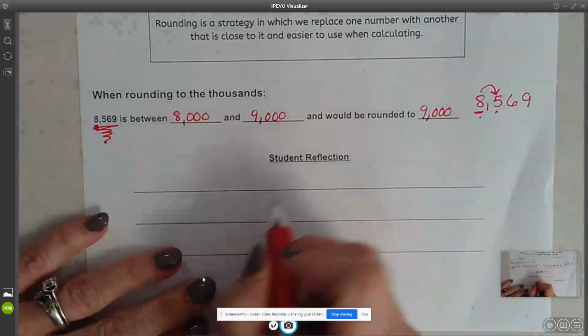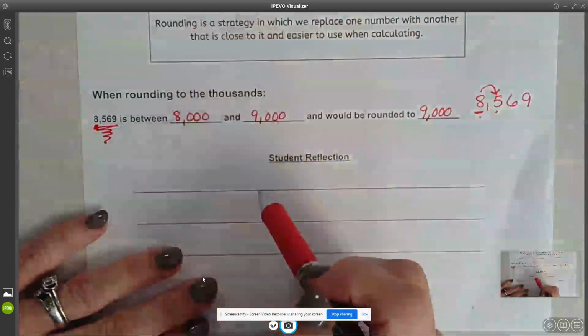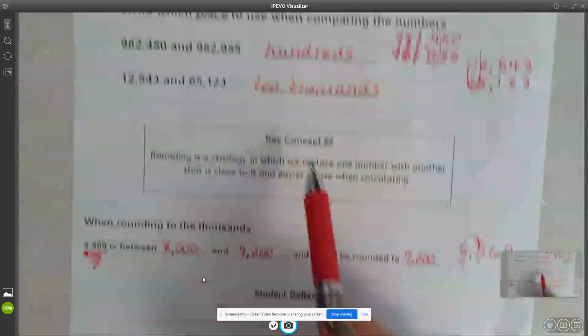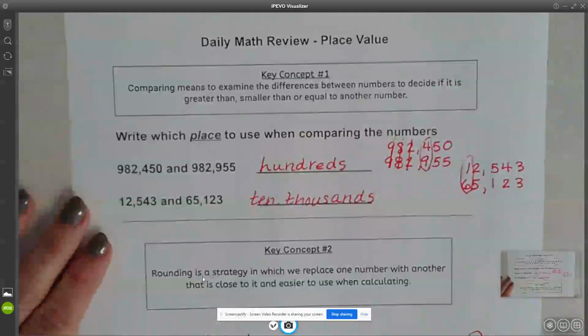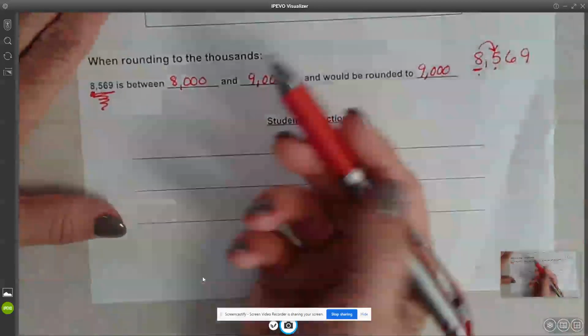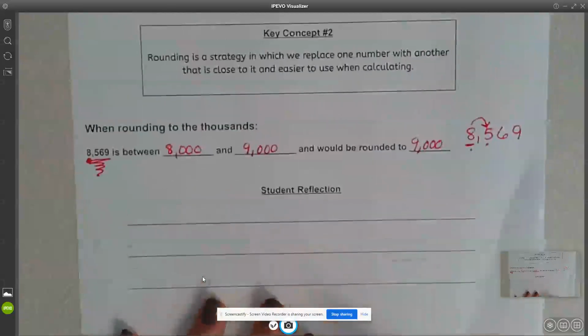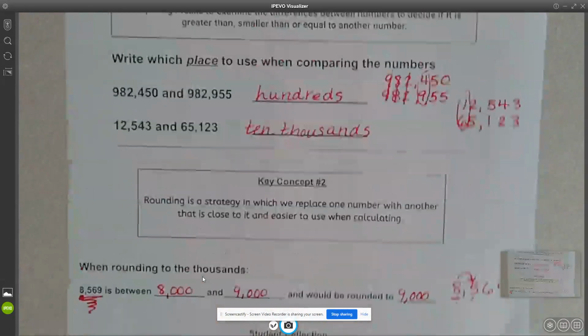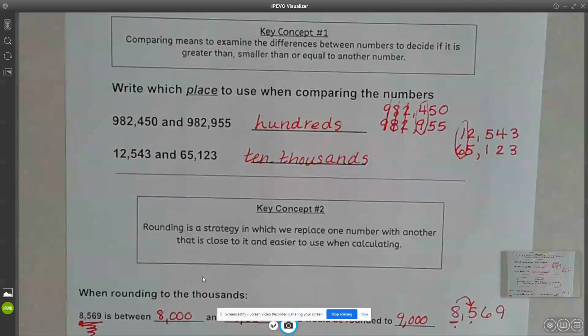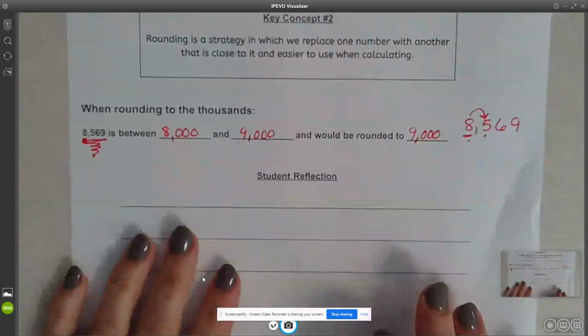And when we're doing our student reflection, it's about both these key concepts that are on this page. So you might even say, I feel good about rounding numbers to the hundreds, but maybe I need to practice to the thousands. Or I can compare numbers without any problem, but I need to work on rounding, or vice versa. So take the time to write that down.